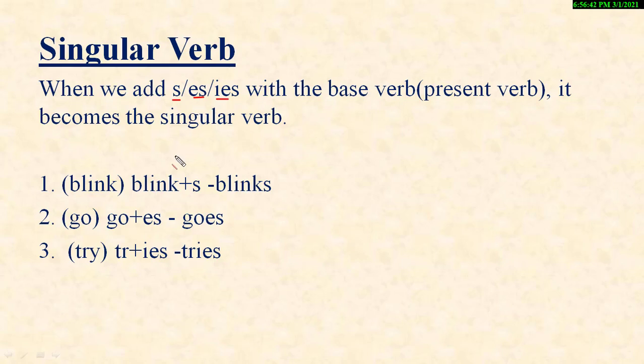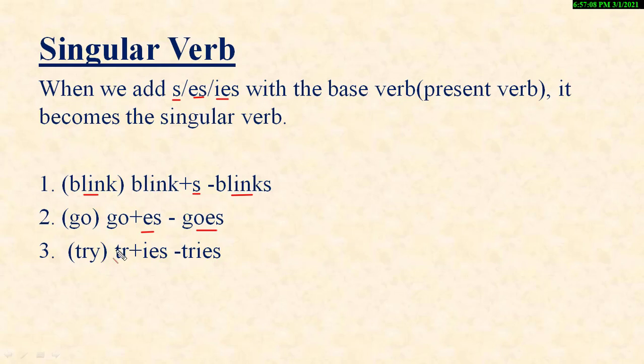Like we have the examples of some verbs here. The first verb here is blink. Now blink is the base form of the verb. So when we add s with this verb blink, it becomes blinks and it becomes a singular verb. We have the verb go. Go plus es becomes goes and it is a singular verb.